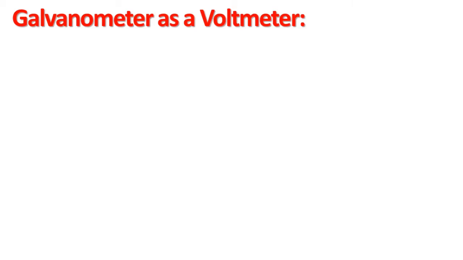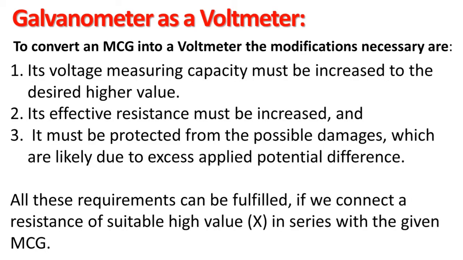To convert a moving coil galvanometer into a voltmeter, the modifications necessary are: its voltage measuring capacity must be increased to the desired higher value, its effective resistance must be increased, and it must be protected from the possible damage likely due to excess applied potential difference.